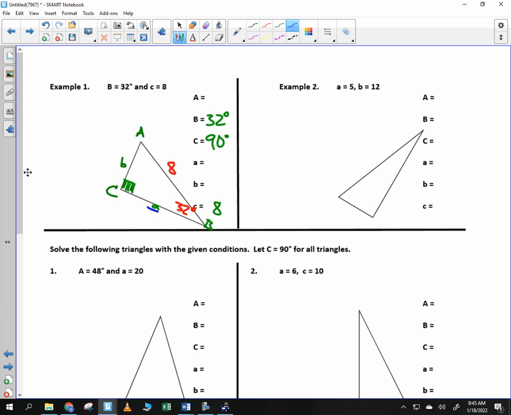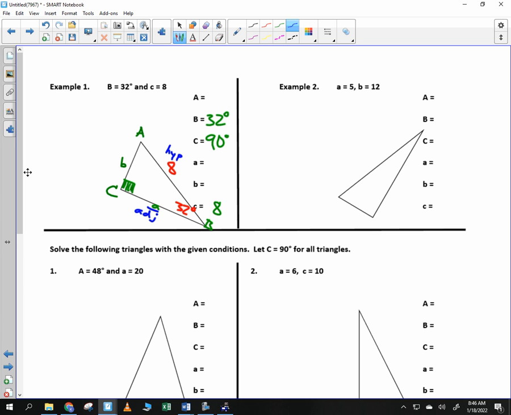Is that the opposite, the adjacent, or the hypotenuse? It's the adjacent. It's next to the 32-degree angle. She is given side 8. Is that the opposite, adjacent, or hypotenuse? Hypotenuse. So notice in this situation, she's looking for the adjacent, and she's finding the hypotenuse. Xavier, if he chose to find side B, would be using the opposite and the hypotenuse.